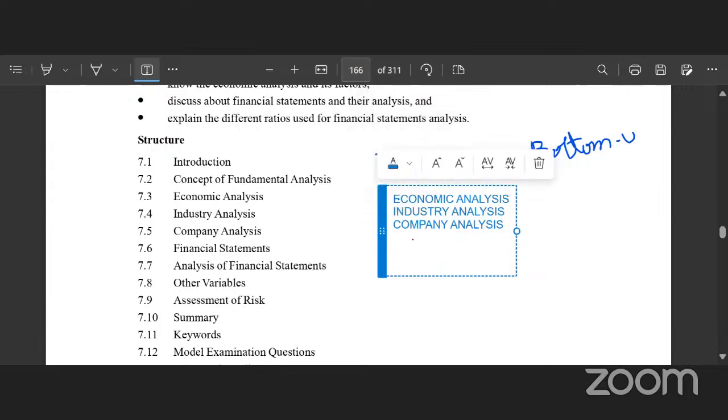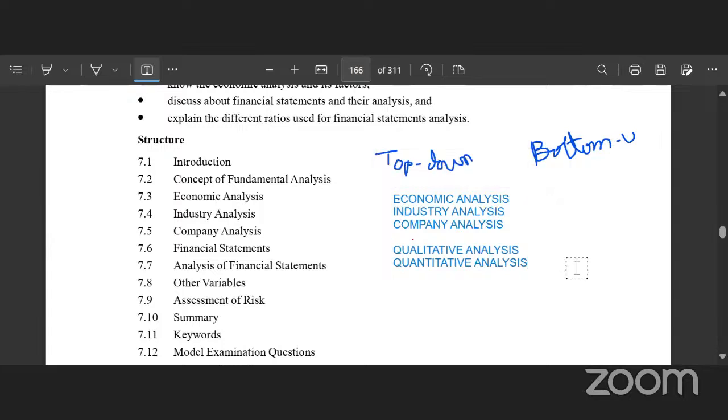One is the qualitative analysis, and the other one is quantitative analysis. So this is how the entire fundamental analysis goes, which is the top-down approach.